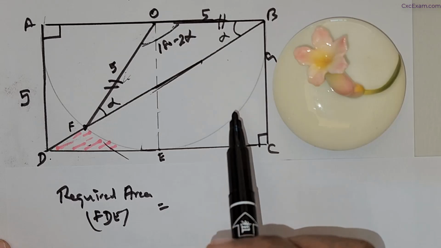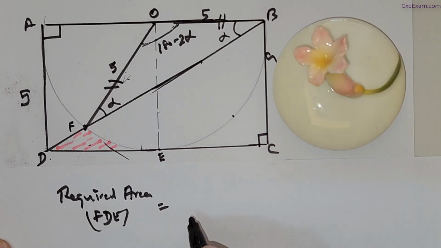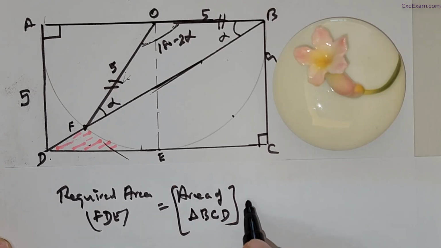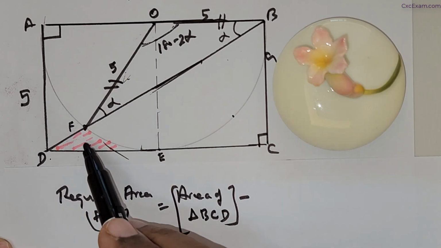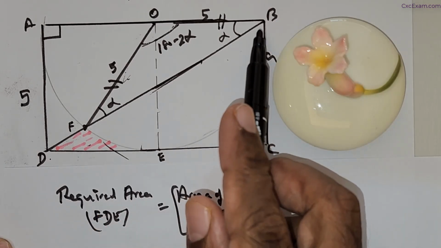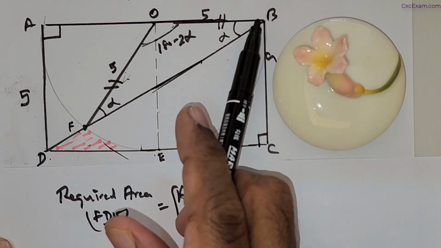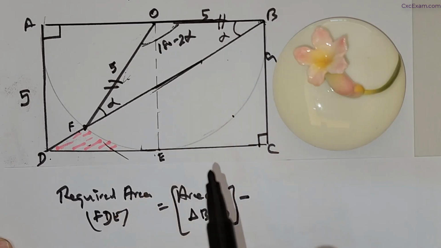Now you see here, this is a right triangle. From the area of triangle BCD, I'm going to take away this particular portion, FEB, right? You see that FEB?